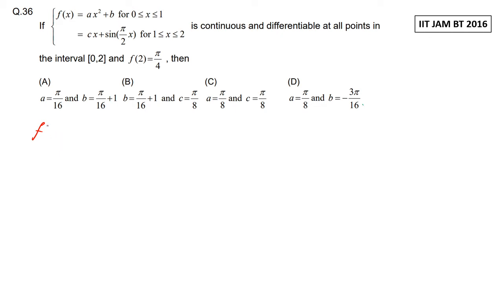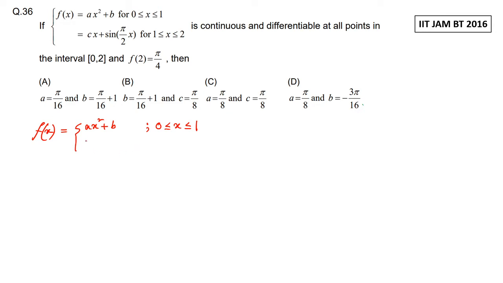So given is f of x equals ax square plus b for the range 0 to 1, and very carefully see that it is 0 less than equal x less than equal 1, that is x is equal to 0 and equal to 1, not only less, but less than equal to.